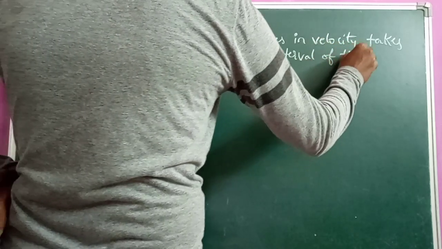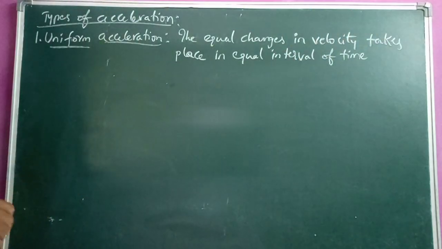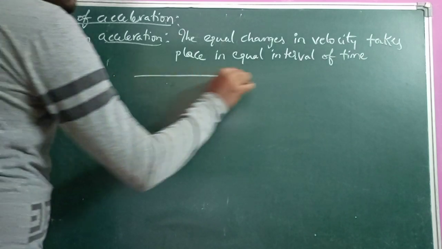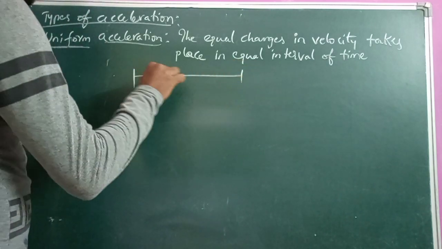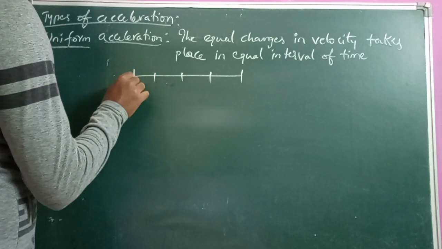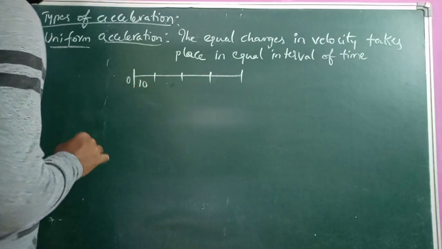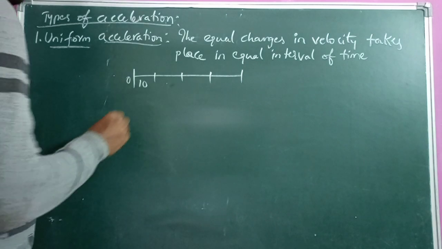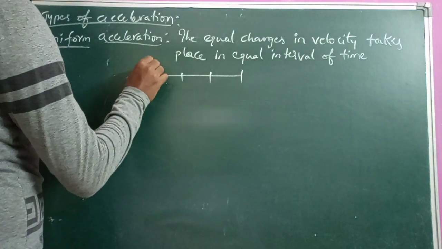For suppose, it is the path along which a body is traveling. Here the initial velocity is 0 meter per second, going from 0 to 30 meter per second.